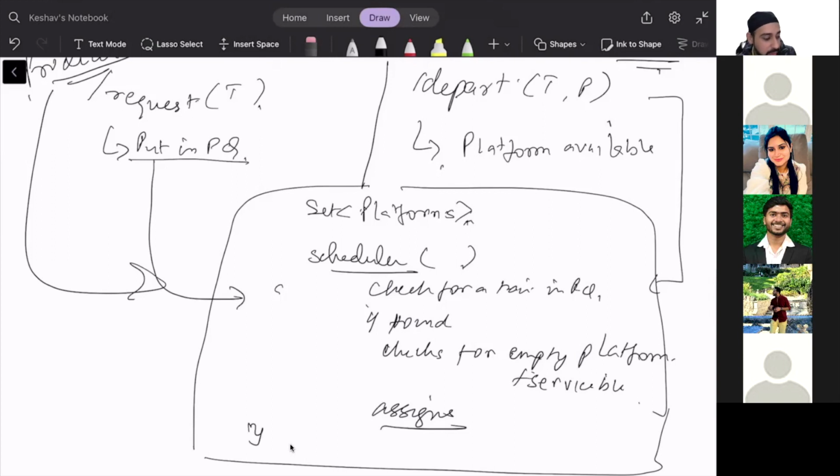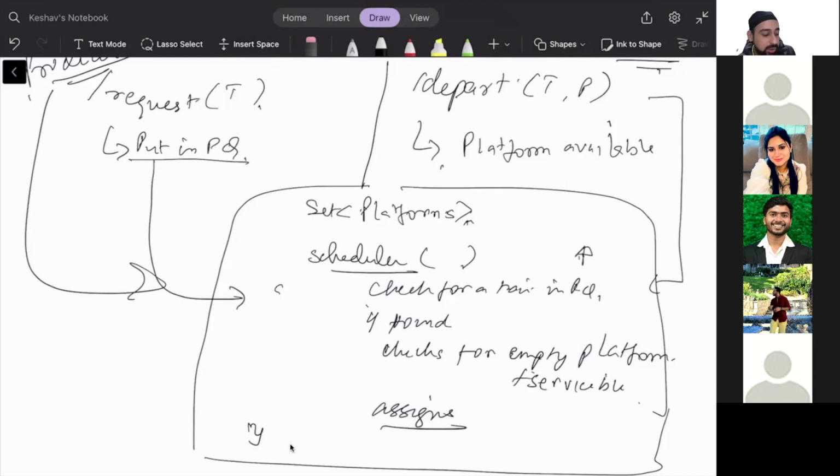Now you have a scheduler. It checks for the train in the priority queue. Somebody said that we can have multiple schedulers, but it's better to have one scheduler, because then you will not have the problem of race conditions. Whatever logic you want for the priorities of the trains, you can put it in the priority queue concept.